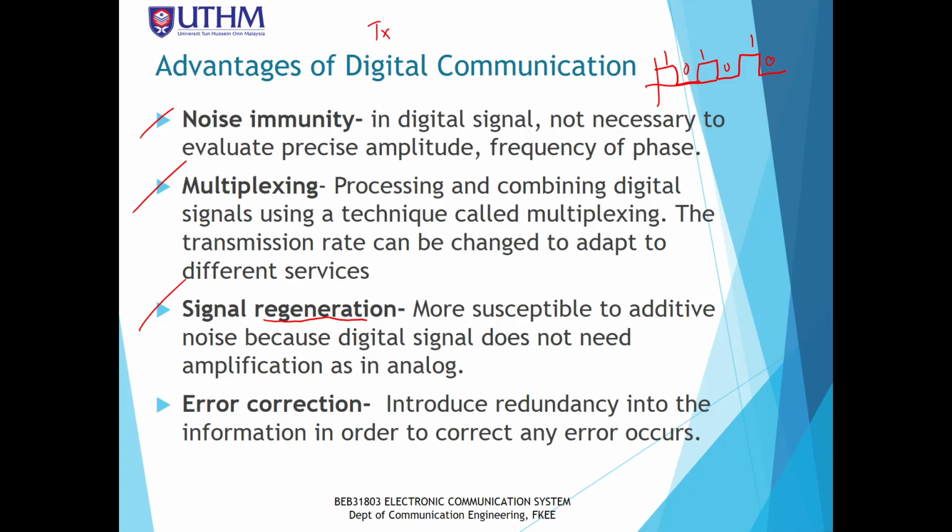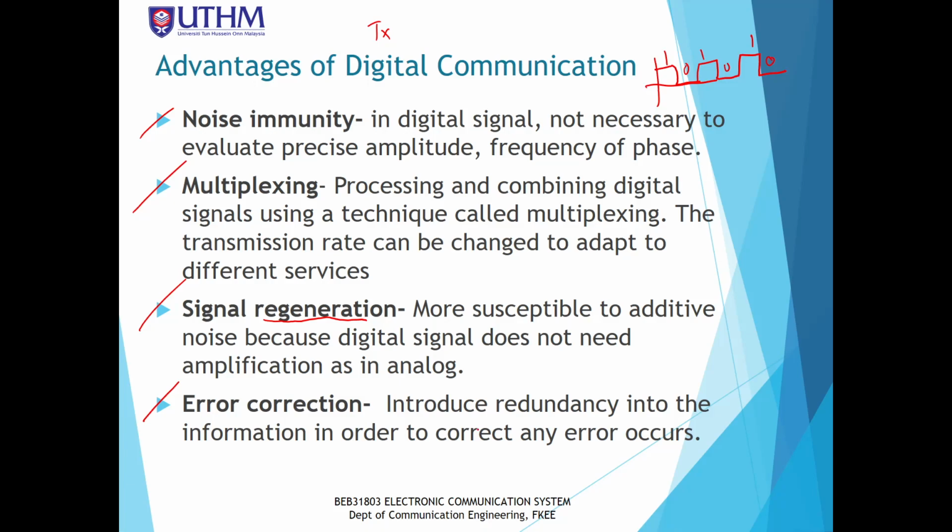Okay, because they are different, we cannot do the regeneration. So a digital signal can be transmitted over a longer distance, because we can regenerate the signal again. Compared to analog, we can only amplify the signal, we cannot regenerate. Okay, that's the difference.